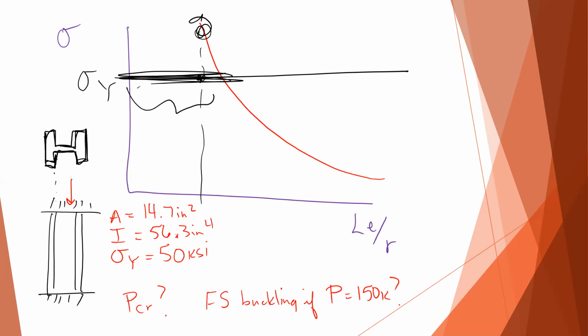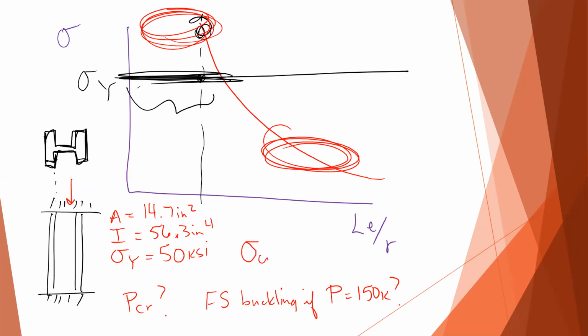And then once you've done that, I want you to check whether that P critical is less than or equal to sigma Y. So, or I guess not P critical, but is the critical buckling stress in this region here where you're greater than sigma Y, or is it in this region here where you're less than sigma Y? So that's your third thing to check: is sigma critical less than sigma Y. Okay, let me know if you have any questions.